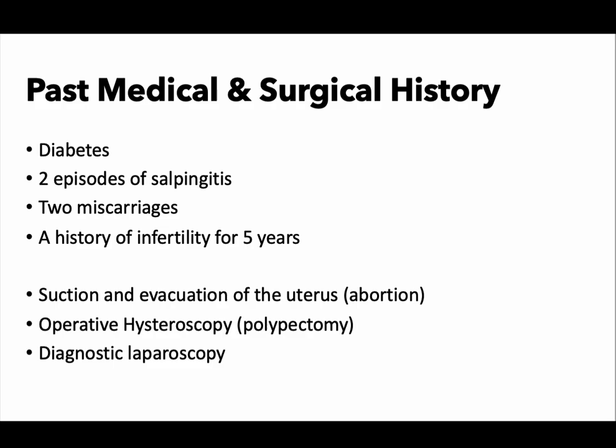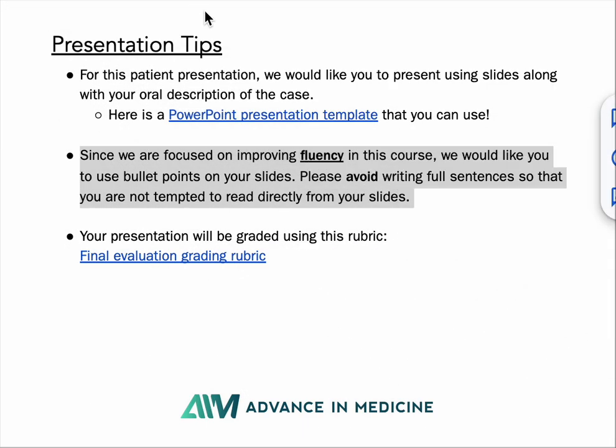She's also had 2 episodes of salpingitis, as well as 2 miscarriages. Significantly, the patient has a history of infertility for the past 5 years. I would say this information, but I would not read directly from the slides. So that's our second tip.